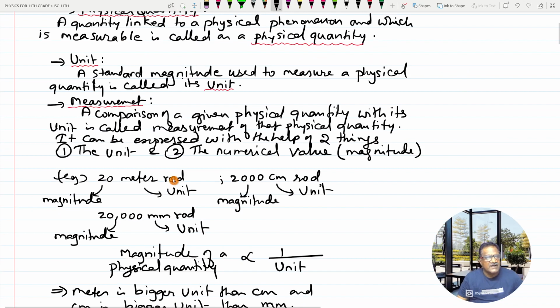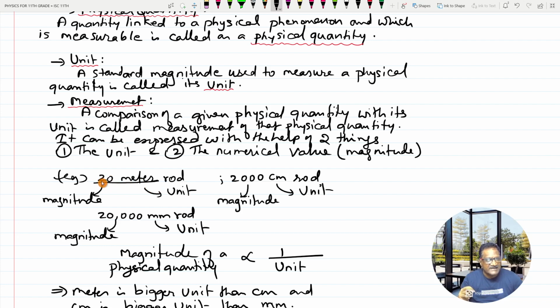Suppose you have a rod which is 20 meters long. Okay, so in this statement, what I'm trying to say is you have a rod whose measurement has been taken, and the measurement is written as 20 meter. Now this 20 meter is nothing but the measurement. Now this 20 meter consists of two parts essentially.